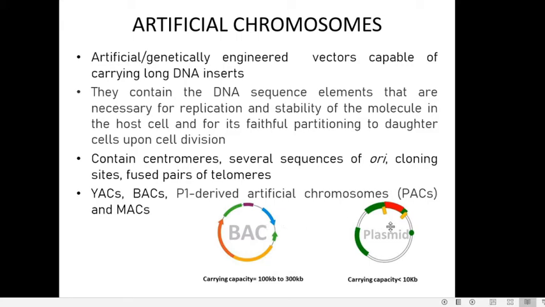When you use an ordinary plasmid as a vector, the carrying capacity is only less than 10 kb. So this is the maximum size of foreign gene which you can insert in a plasmid. Whereas when you are using a bacterial artificial chromosome or a BAC, the carrying capacity can range from 100 kilobases to 300 kilobases. So they have a higher cloning capacity. That means they can carry larger gene sequences.